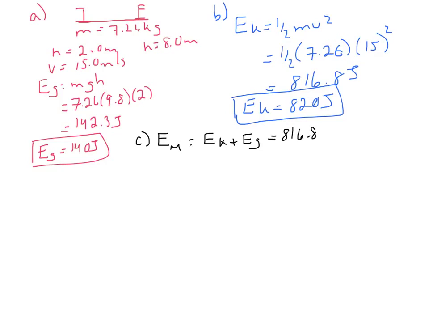We need to use the real amounts, and our EG is 142.3. You put them together, you get 959.05, which equals 960 joules.